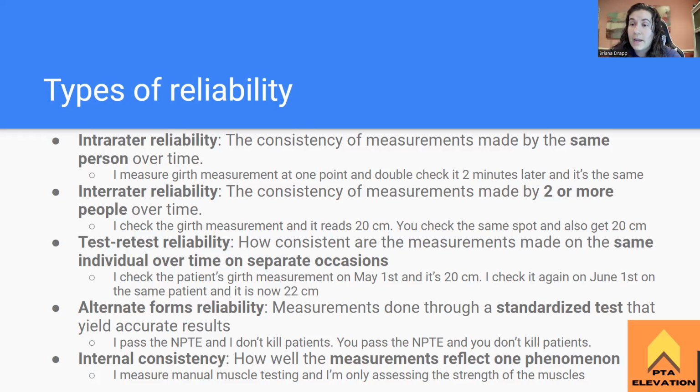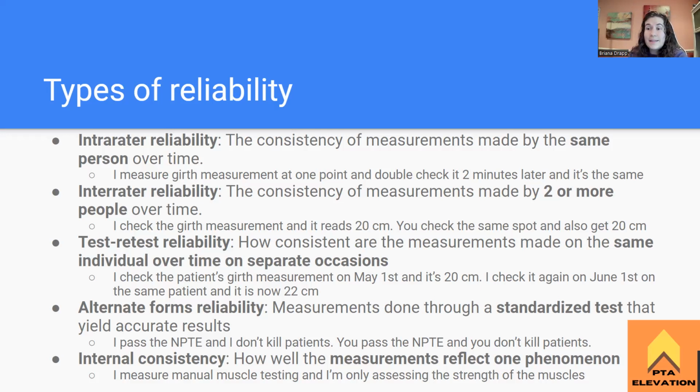You pass the NPTE, you don't kill anybody. So wow, that's a reliable test, because that's why we have people take a standardized test to see how they're going to react in certain situations, how they're going to go about test taking. If they're taking one test, it's going to help them prepare for another test. That's just a thing used across the board that we can have alternate forms of. So think about it that the NPTE has different forms that come up. You're not going to take the same NPTE that I did.